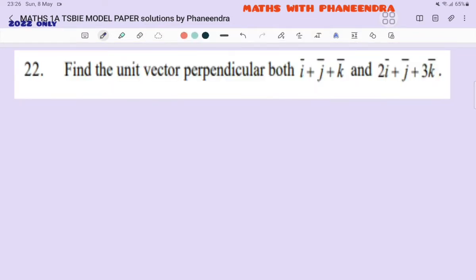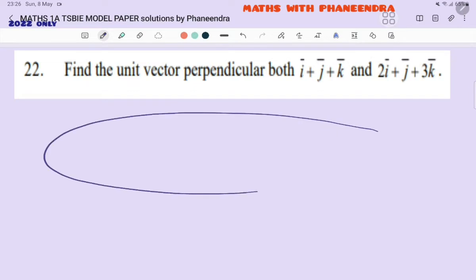So in the question number 22, find the unit vector perpendicular to both i bar plus j bar plus k bar and 2i bar plus j bar plus 3k bar. Here first we need to learn the formula.